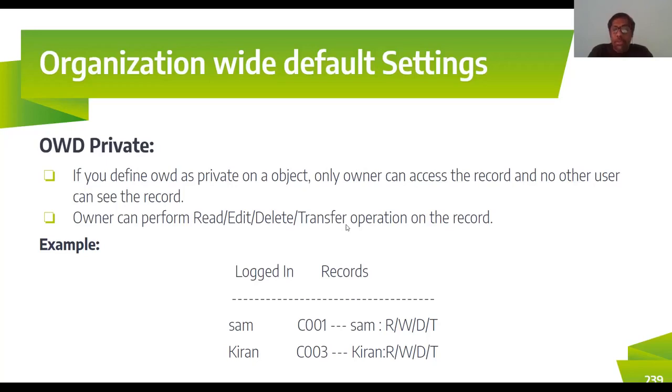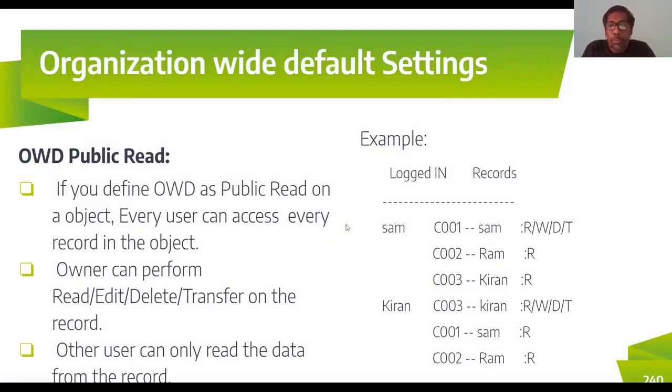Coming to C003, Kiran is the owner, so Kiran has full access on C003: he can read, write, delete and transfer, whereas he has no access on C001. So this is all about OWD private.